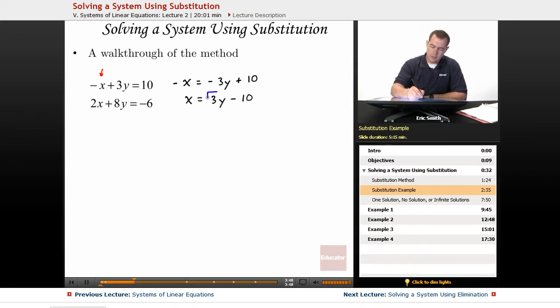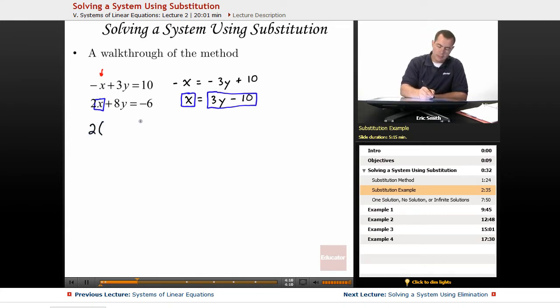Now this entire thing right here is equal to x. So where the substitution part of the substitution method happens is I will take the x in the other equation and replace it with what it's equal to, the 3y minus 10.